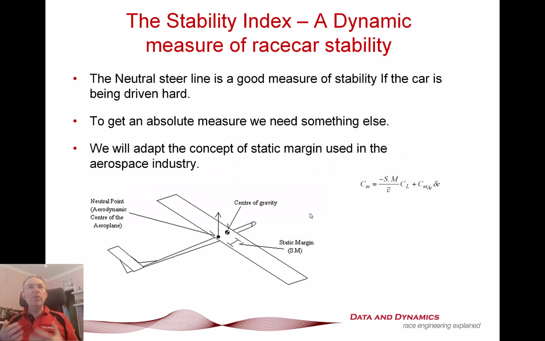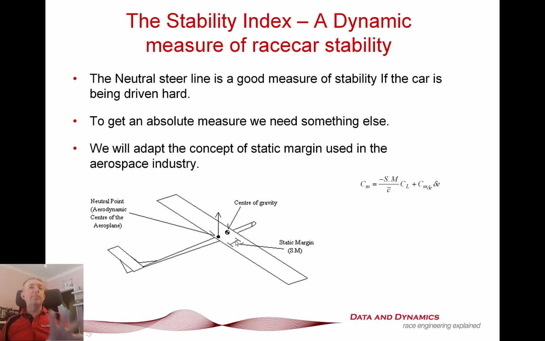So to fill that in, we need the stability index. I've obviously done this to death on a number of other videos. But what we're dealing with in the stability index is that we're effectively non-dimensionalizing the moment arm between the center of the lateral forces and the center of gravity.